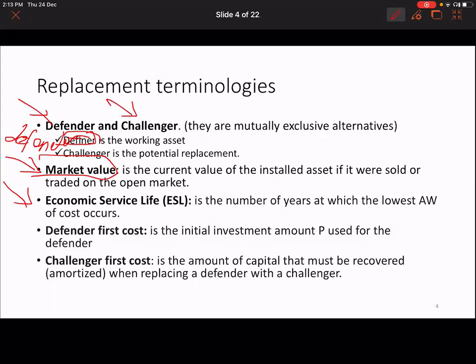This is the service life which gives the lowest annual worth, or annual cost.